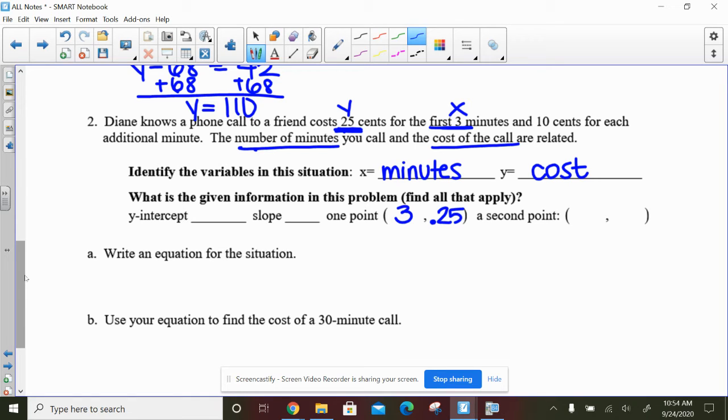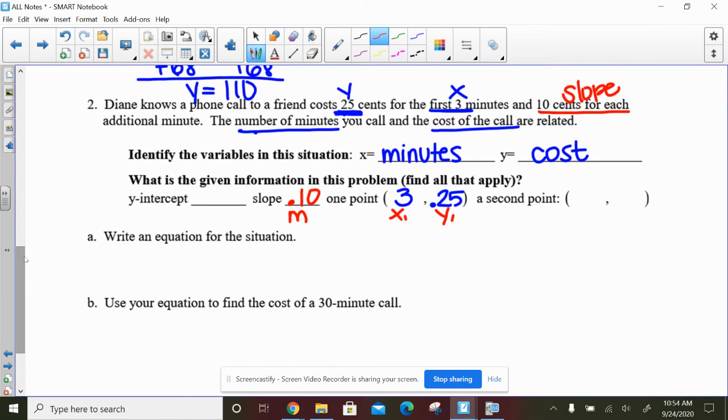Now, the other thing I know is that it's 10 cents for each additional minute. This is just saying for every minute after 3 minutes, I'm charged 10 cents. That is my slope, so that's 0.10. So this is my point, X1, Y1, and this is M.